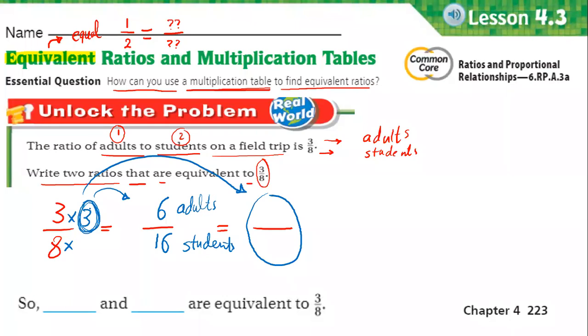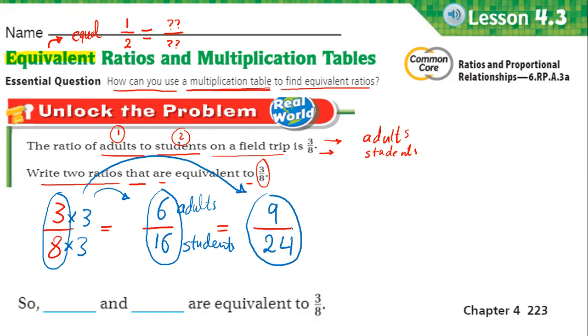So to write equivalent ratios, multiply by a number from your mind. But what should you multiply? I should multiply the main ratio in the question. The main ratio by 2, I got 6/16. And the main ratio by 3, up and down, I'll get 9 over 24.